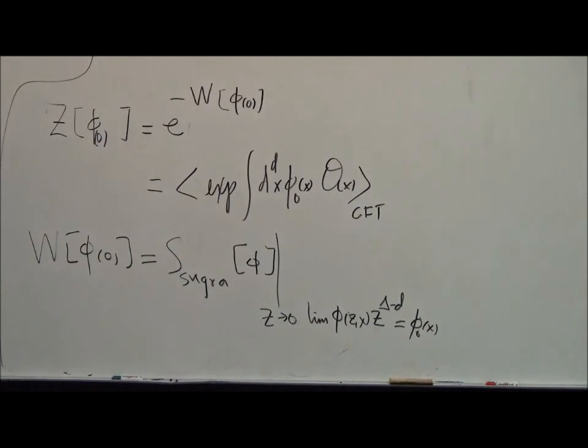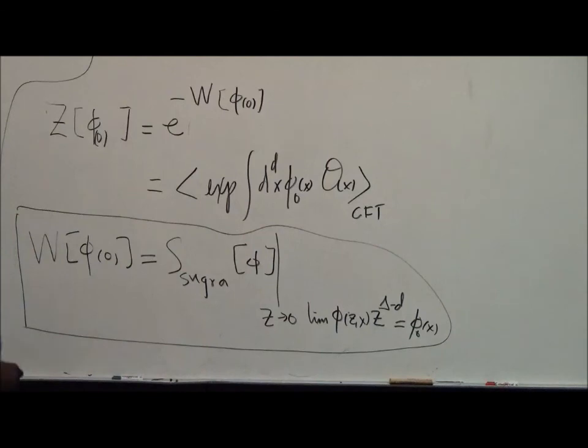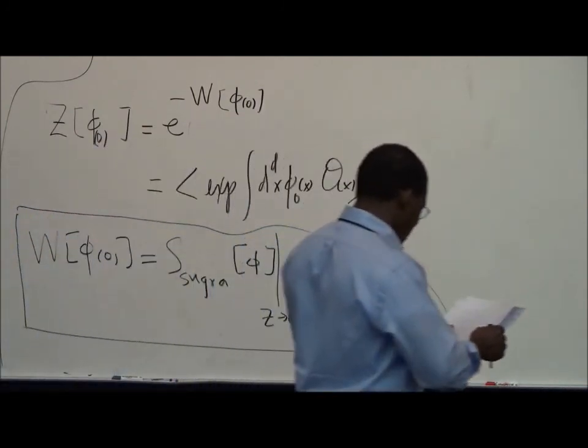Now this answers some of the key questions we had in the morning: how we can use this correspondence. And of course, once you give me this generating function, I know how to compute correlators.